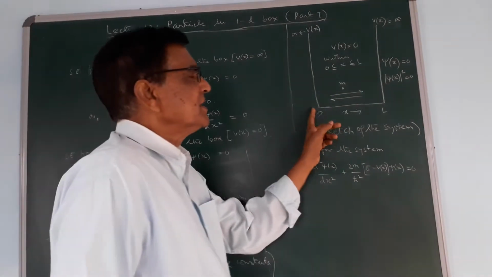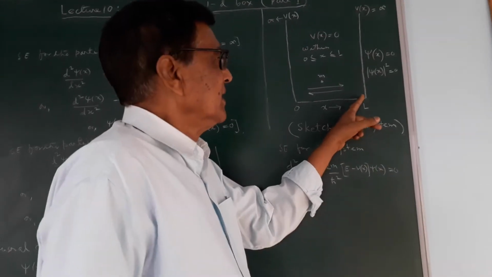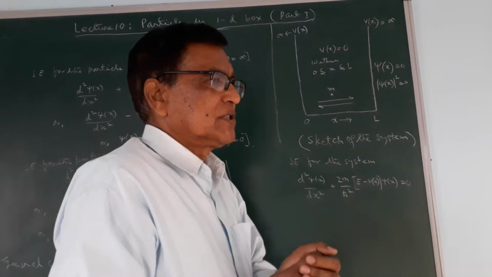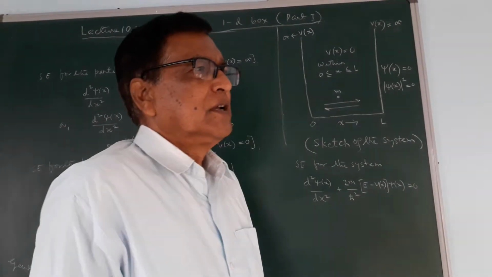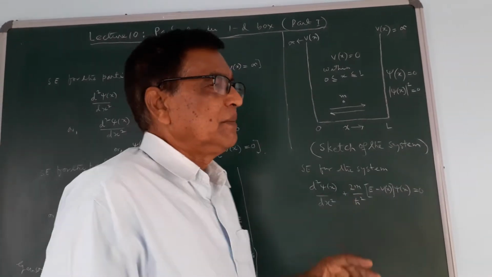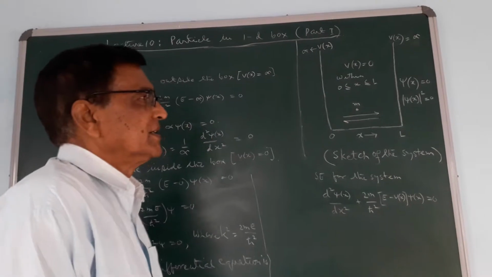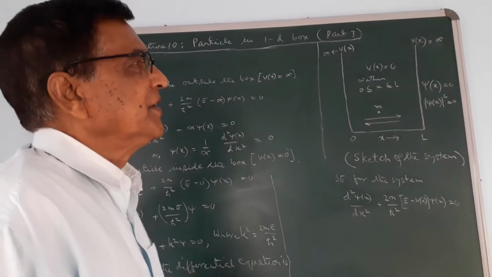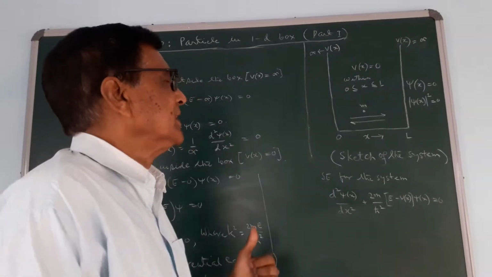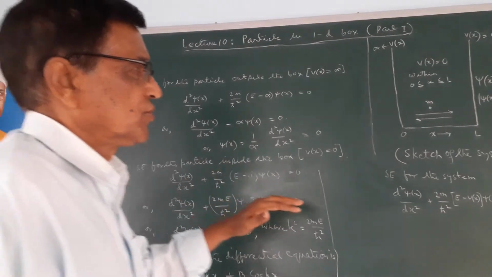Since the potential energy changes abruptly, suddenly at these walls, just outside this box, it is better for us to solve this problem in 2 parts separately. First, I shall write the Schrödinger equation outside of this box, and then inside this box.